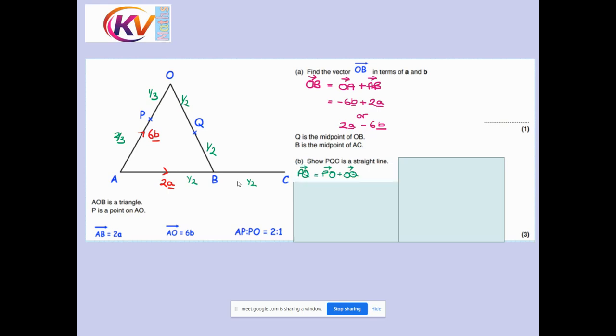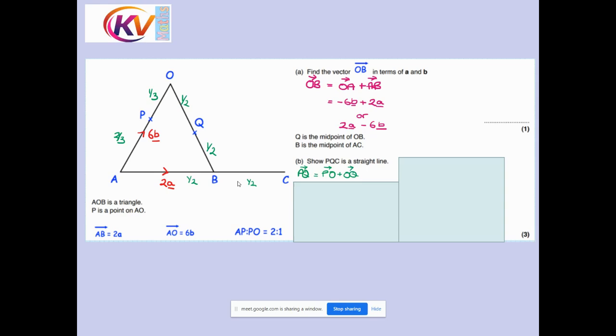I'll give you a hint to get you going. P to Q is P to O, and then O to Q. So if you're not so confident, what's P to O? Good.